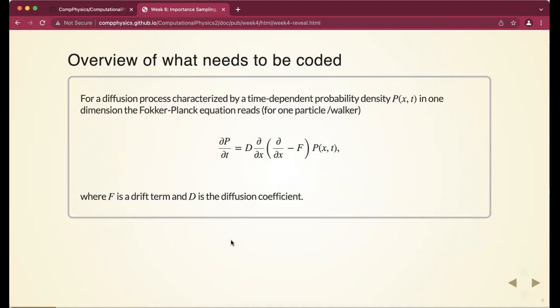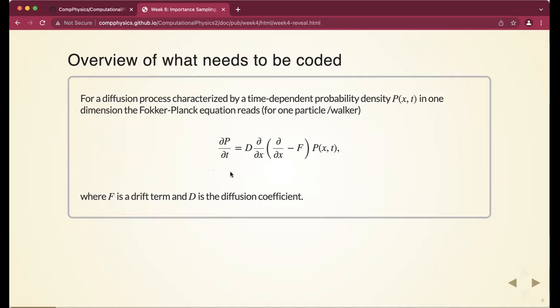So what we are going to do now is to assume that we have a time-dependent probability, P(x,t). This is our W(x,t), which I discussed in the lectures here. And if you look at the case in just one dimension, and assume now that you have a random walker, or just a particle which jumps around in space.